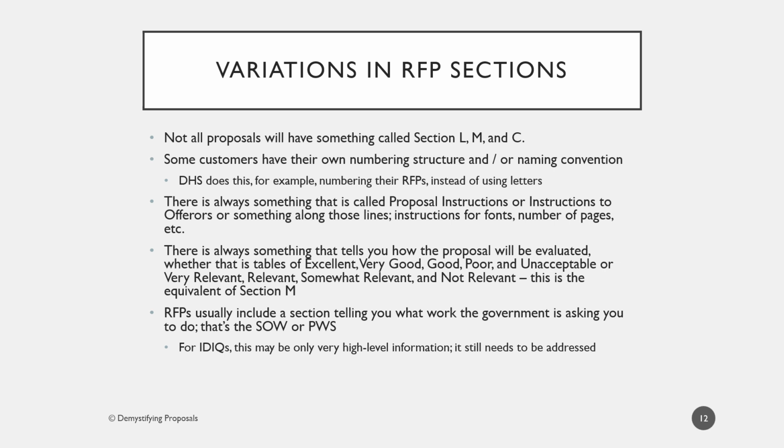It has the instructions for fonts, number of pages, etc. And there's always something that tells you how the proposal will be evaluated, whether that is ratings of excellent, good, very good, poor, and unacceptable, or very relevant, relevant, somewhat relevant, and not relevant. This is the equivalent of section M.